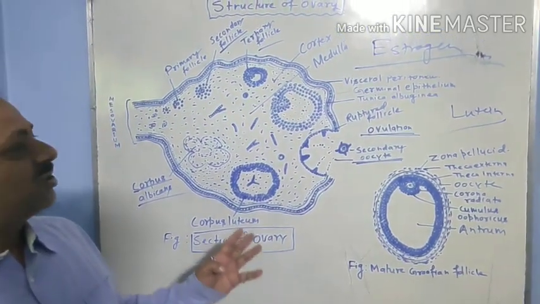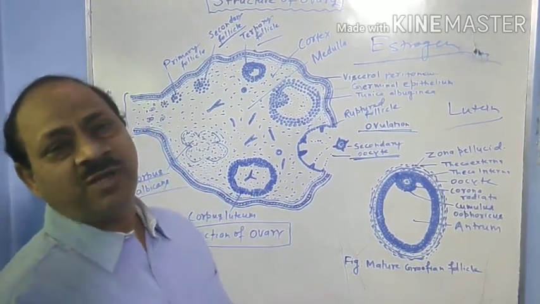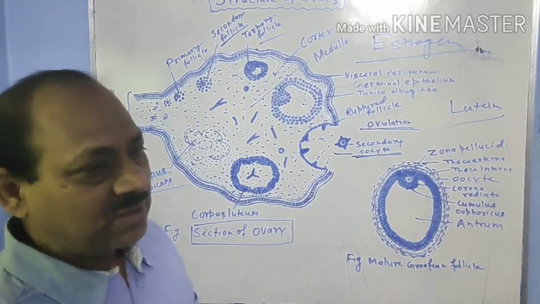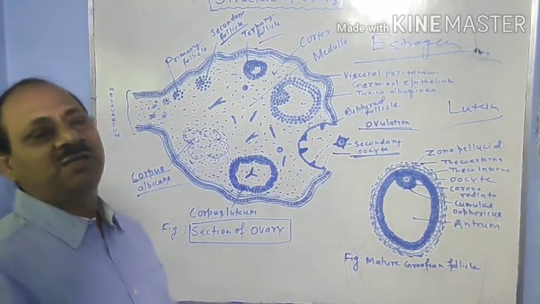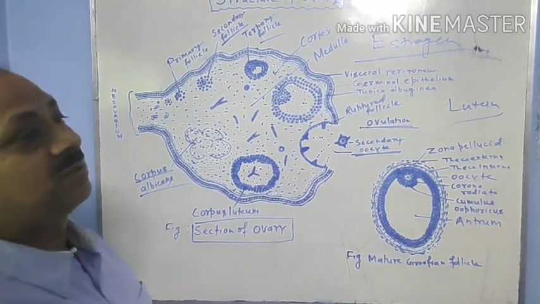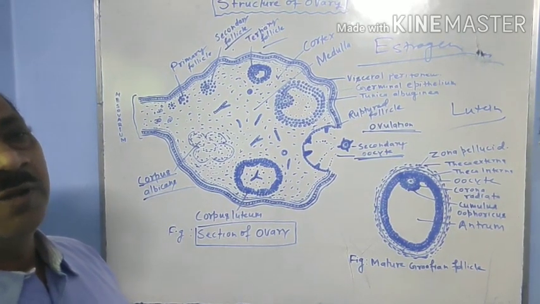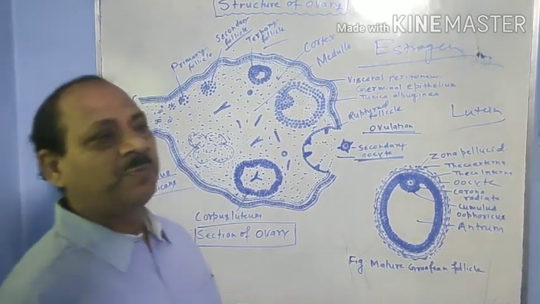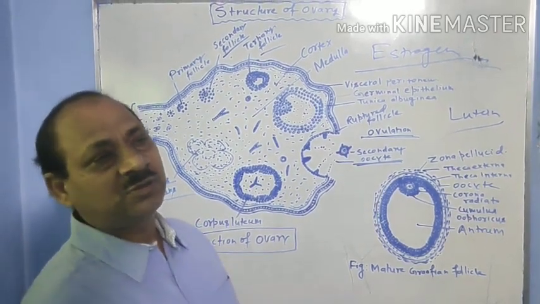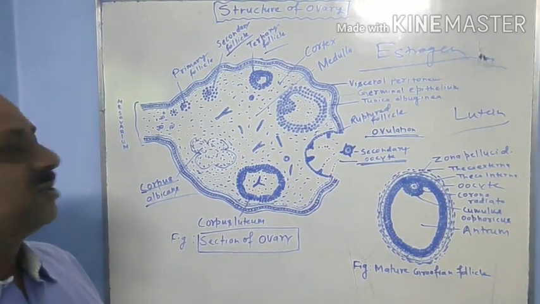It stimulates the growth of female sex organs and develops secondary sexual character in female, like enlargement of mammary gland, appearance of hairs in armpit, deposition of fat on cheeks, and deposition of fat on hip, etc.